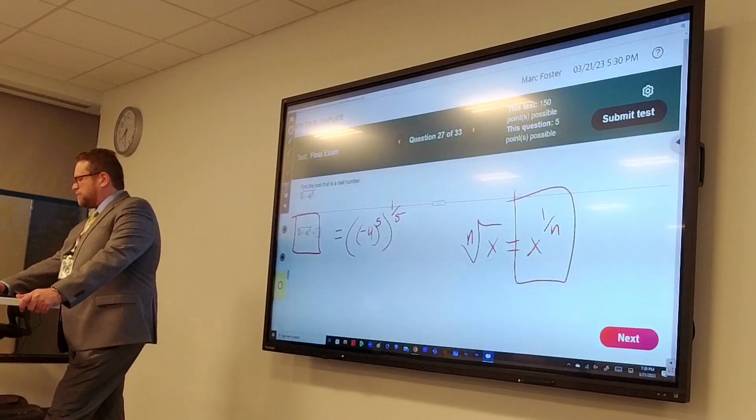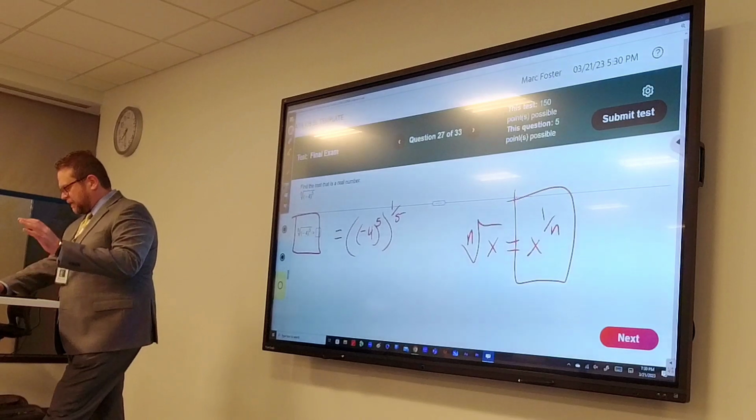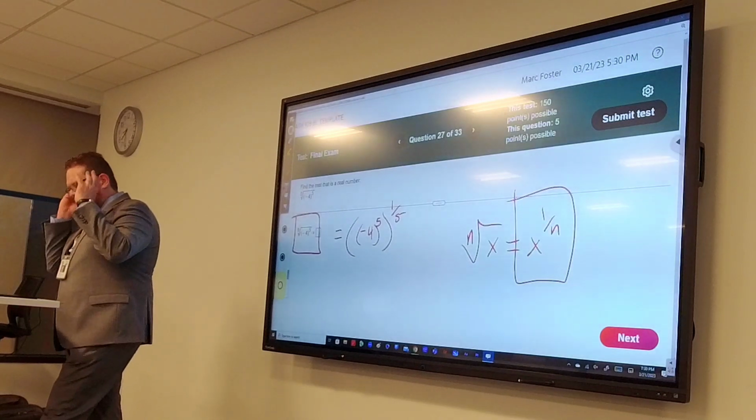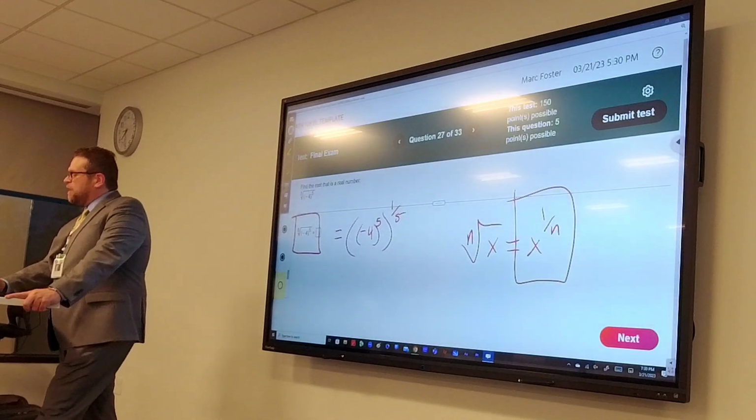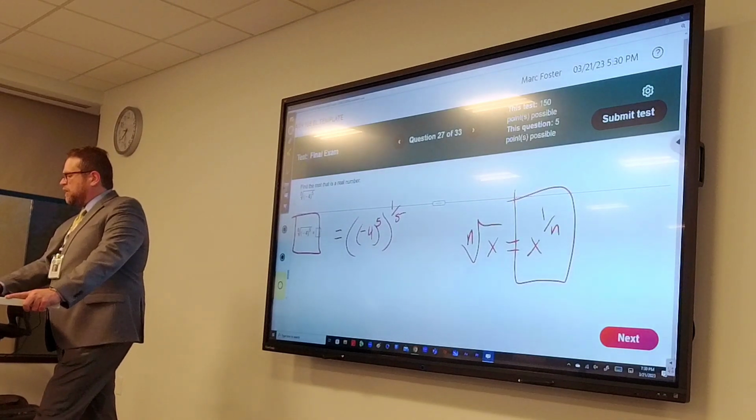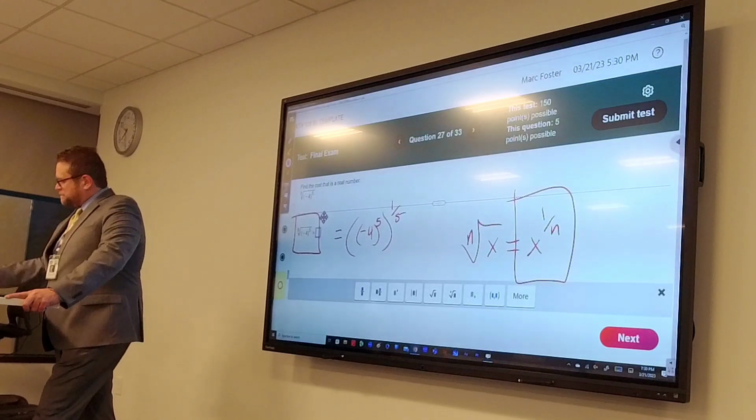I know that I used to know a way to estimate square root of something using that, but I forgot how to do it. I need to look it up again. But it's a handy notation. So this would be -4.